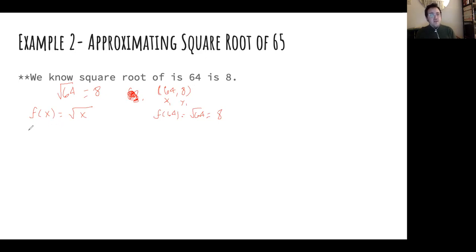Now let's say that I want to find my slope. I'm just going to call this my m.